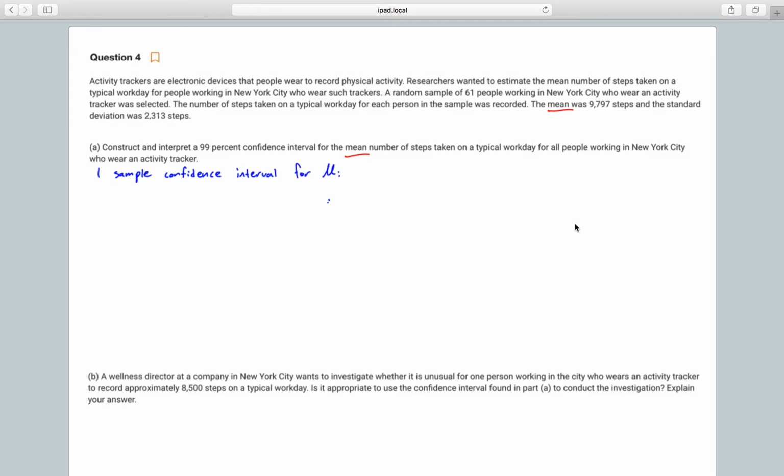And in this case, mu represents the true mean number of steps on a typical workday, let's say for working New Yorkers.